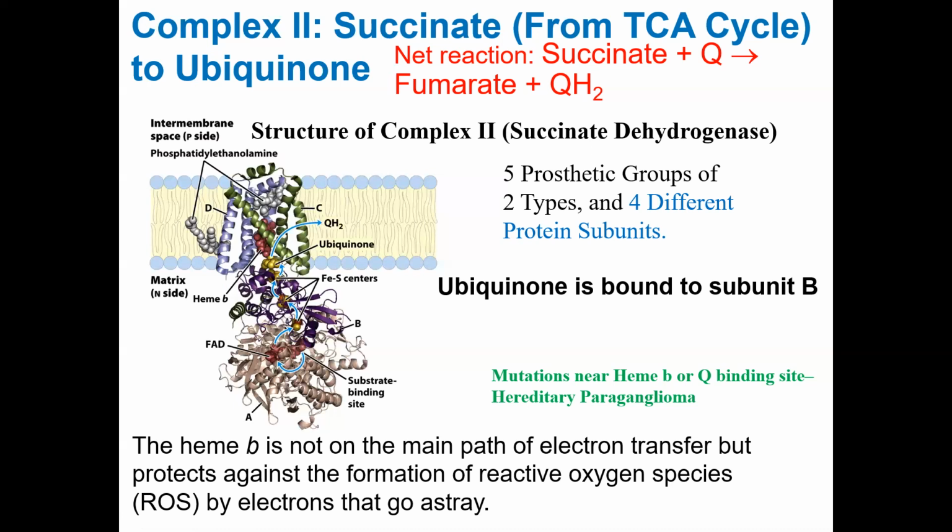But anyway, it turns out that if you have a mutation in complex 2 subunits, especially where the heme B binds or where this quinone binds, right around there, then you can suffer from this benign form of tumor.